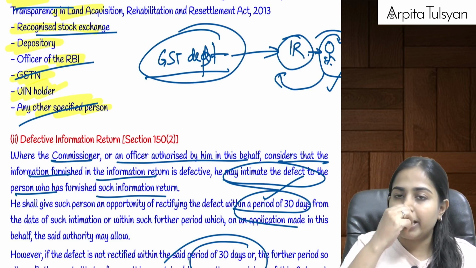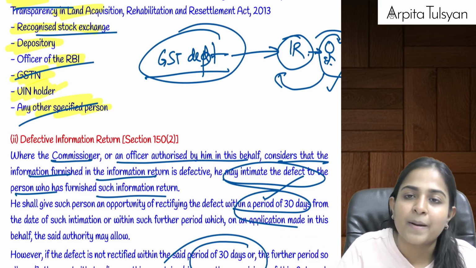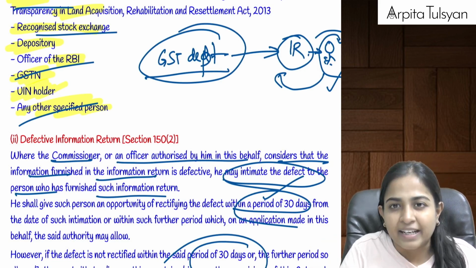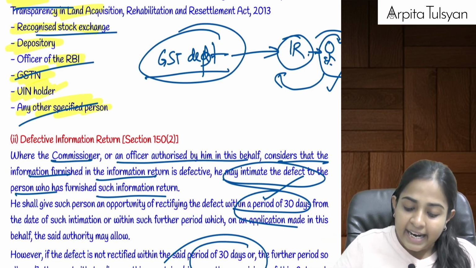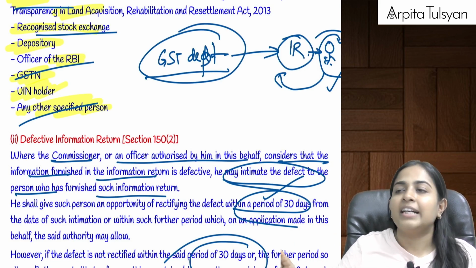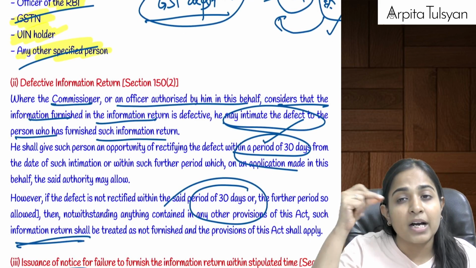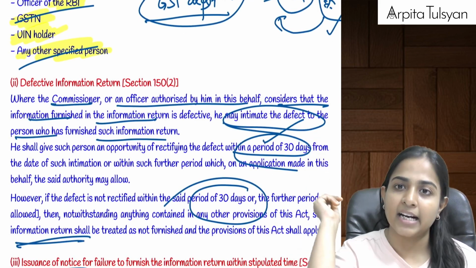Suppose data was furnished by that particular third party to the GST department, but it was found to be defective. Then we will again tell them to rectify the defect within a time period of 30 days. If it is not rectified within 30 days, it will be assumed as if they never submitted the data to us.